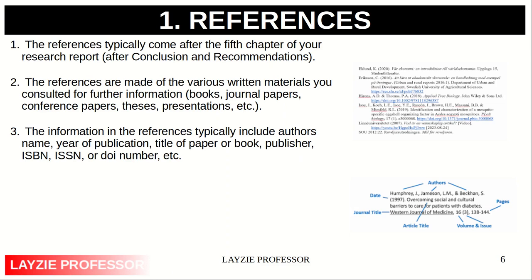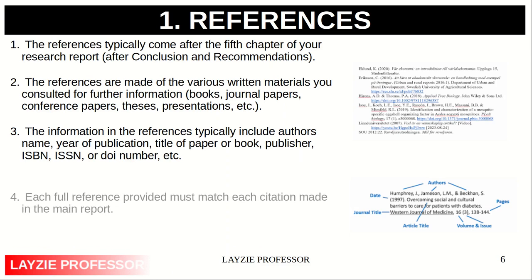All this information provides the full reference to help anyone who picks up a report to read, to be able to identify the reference, such that if they want to find it, they can actually find it and also use it for their own work or verify some of the things that have been described in the report.